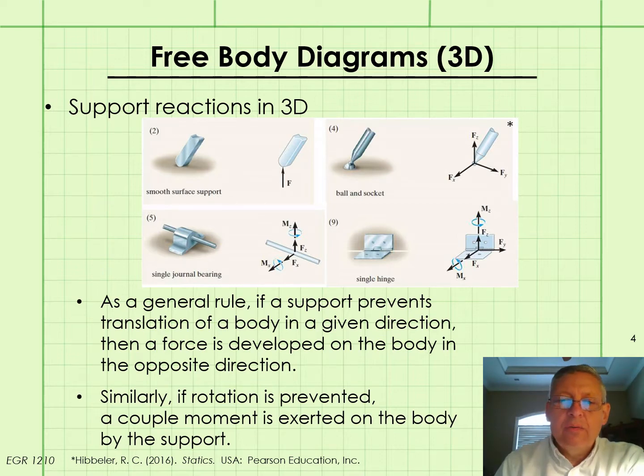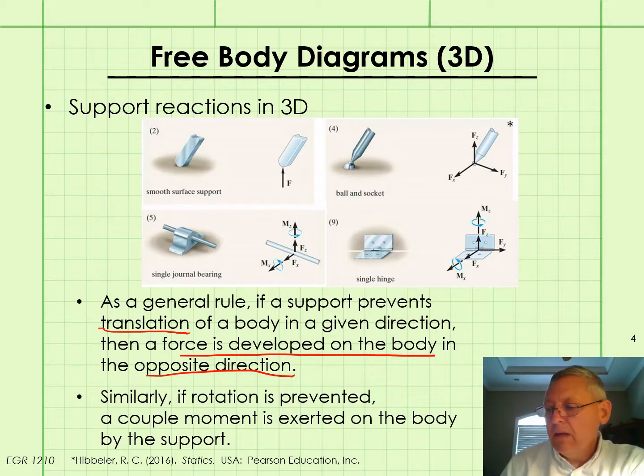Now, as a general rule, if a support prevents translation of the body, then a force is developed on the body in the opposite direction, and you would need to show that force in your free body diagram. For rotation, if rotation is prevented, a couple moment is exerted on the body by that support.